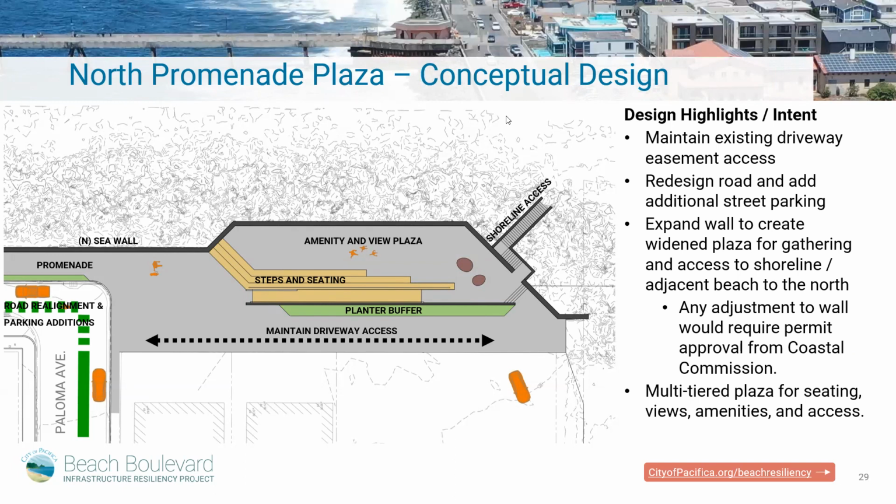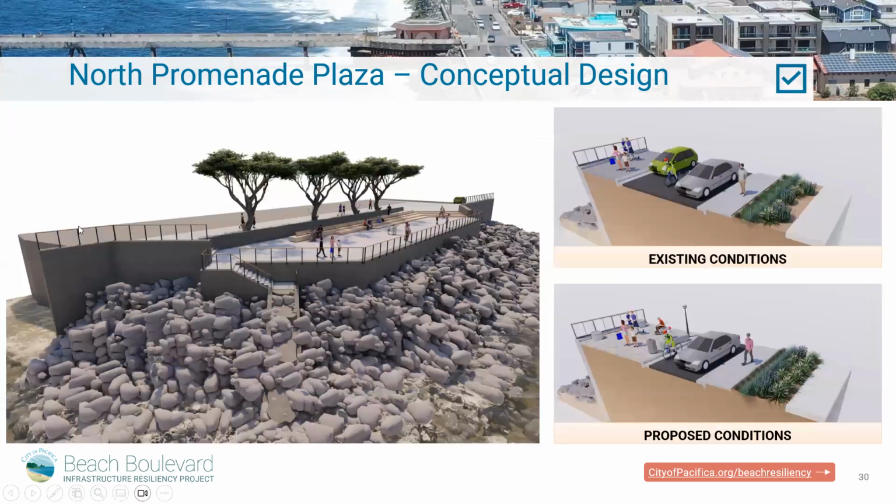Something to note on this design, and we can go to the next slide to highlight it, is that we're looking at a tiering down of the plaza, getting people from the higher elevated plaza down. You can see on the cross sections that at the northern end, the seawall is already higher in its existing configuration.